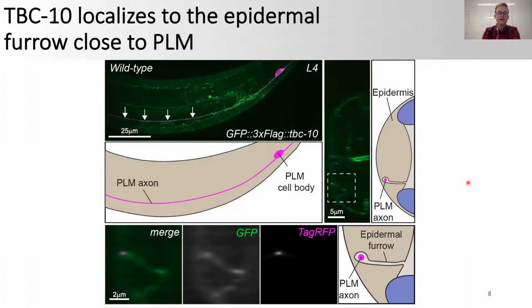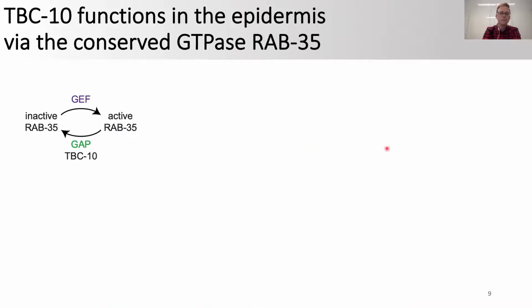So we next asked what the Rab target of TBC10 was. Rab35 has been shown to be a specific target of TBC10 in vertebrates and invertebrates in a range of contexts. So in animals lacking TBC10, because this enzyme is inactivating Rab35, we would expect an increase in the pool of active Rab35, which in our context leads to an axonal breakage phenotype.